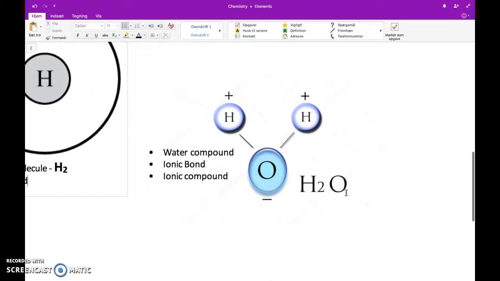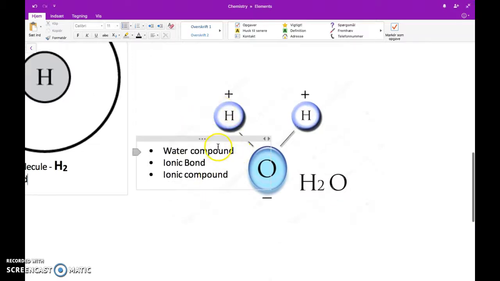And here we have an example of hydrogen in a compound, which is very well known and very important for life here on Earth. It's called H2O, and you also know it as water. As you can see here, hydrogen has 1 electron in its outer shell, and oxygen has 6. So each hydrogen donates 1 electron to the oxygen, which needs 2 electrons to become stable.